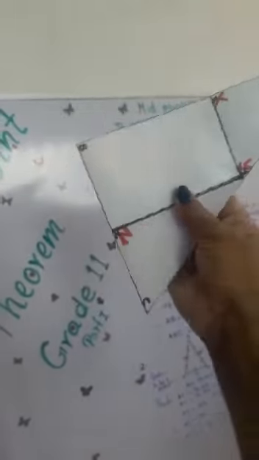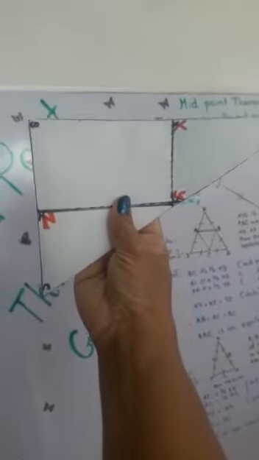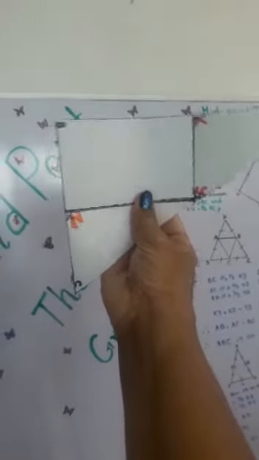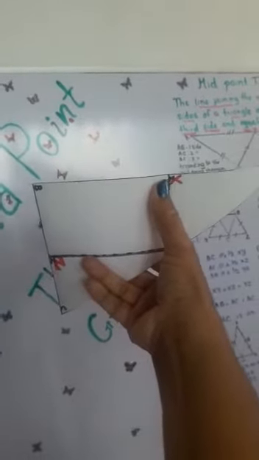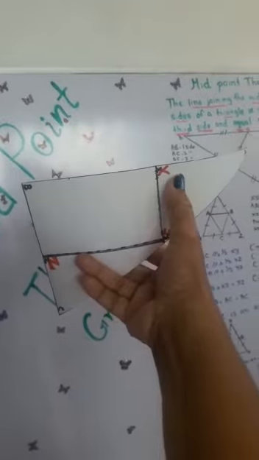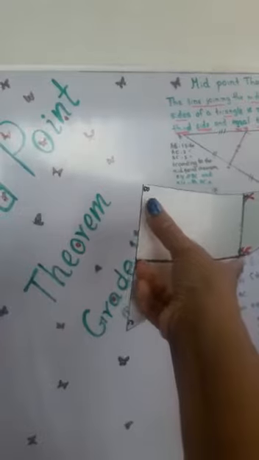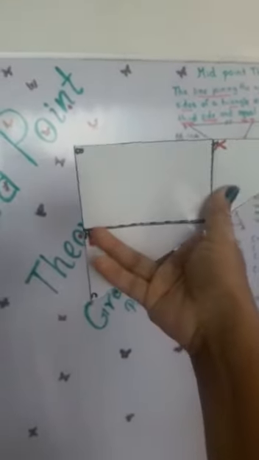Then look at this. Here can you see BC and XY lines are parallel. And also here is a right angle. Here also a right angle. Then can you see here also should be a right angle.